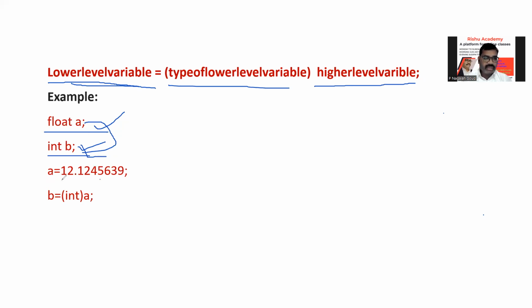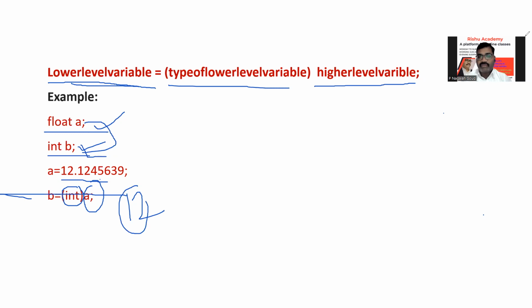The actual value of A is 12.1245 something. But here, the data type int extracts the integer part of the A value. The integer part is 12. This 12 will be assigned to B.